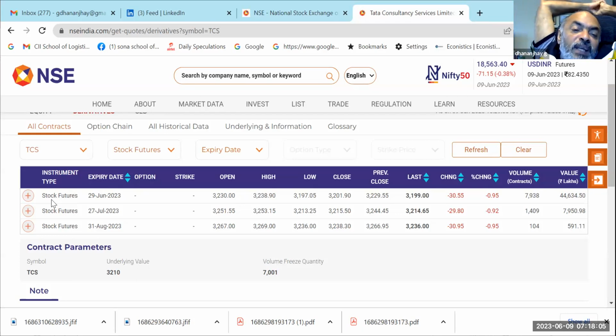Now, what is this expiry date? Rupesh? 29th June, sir. 27th July and 31st August. So, suppose you have taken a contract of 29th June. There are 3 contracts with 3 expiry dates.